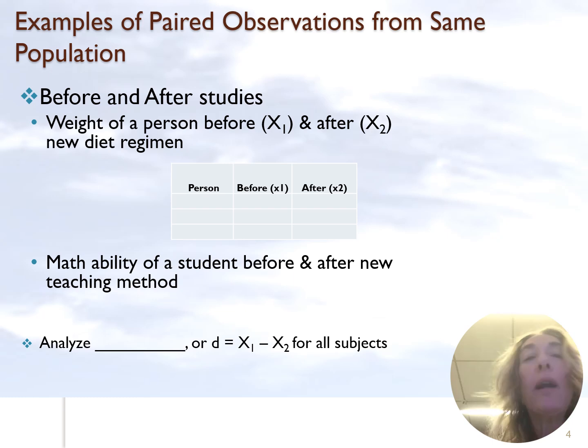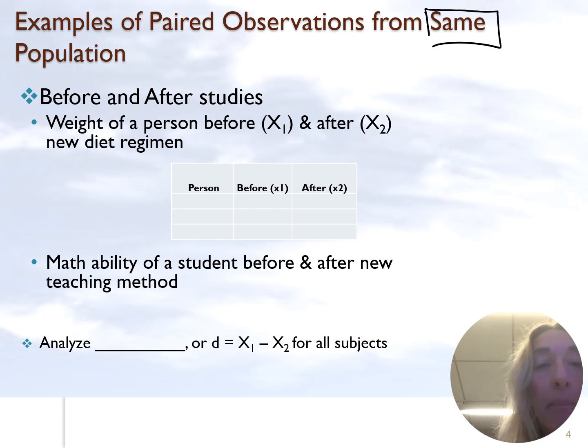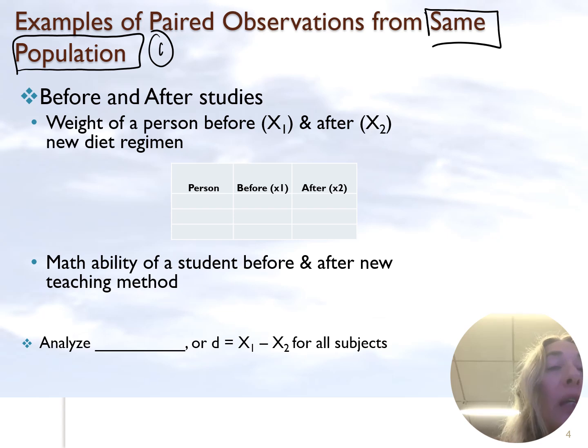All right, so let's talk about the case of paired observations that come from the same population, that first case of dependent populations. Probably the most well-known example of this is what's known as before and after studies.